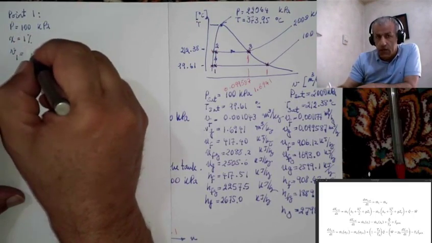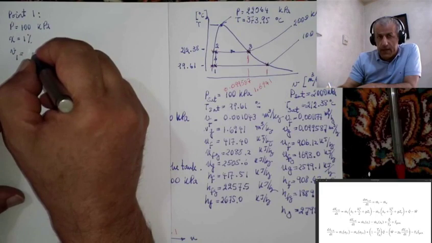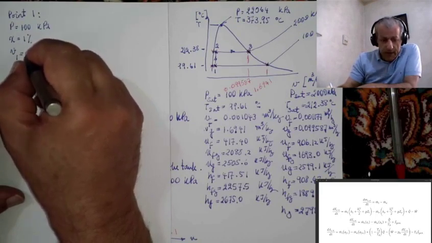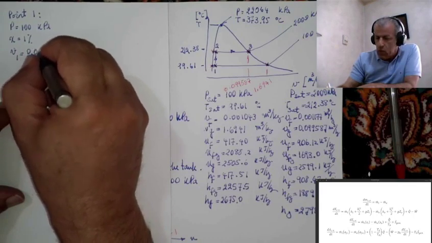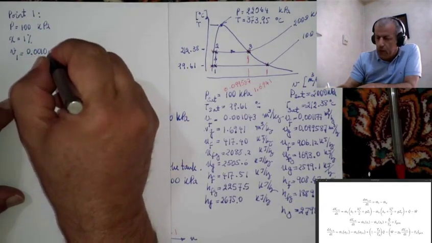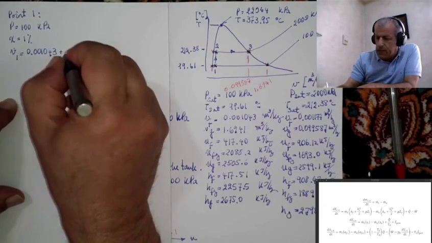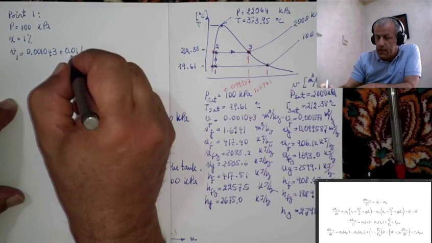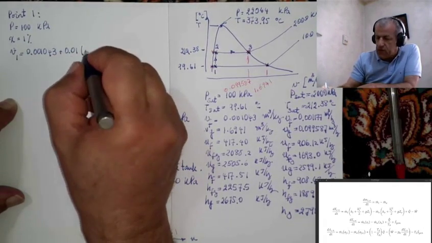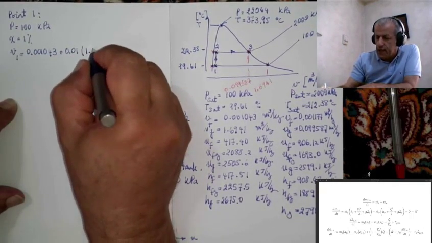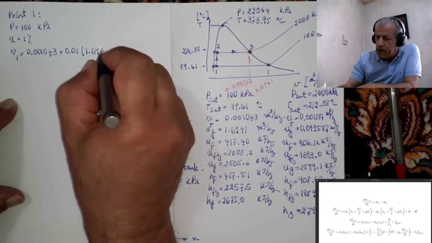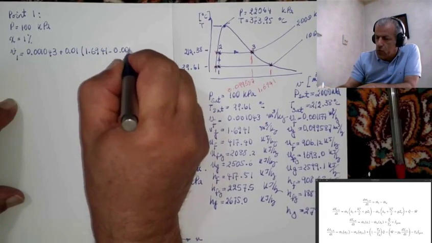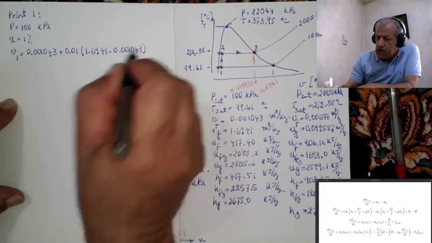I will go through this one in detail, and the rest I will leave for you. v1 would be vf, which is 0.001043, plus 0.01, which is the quality, times (vg minus vf), which is 1.6941 minus 0.00104.